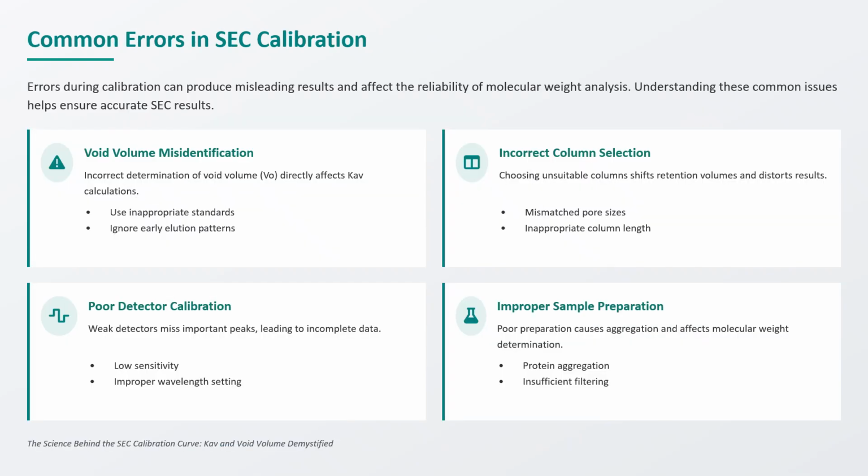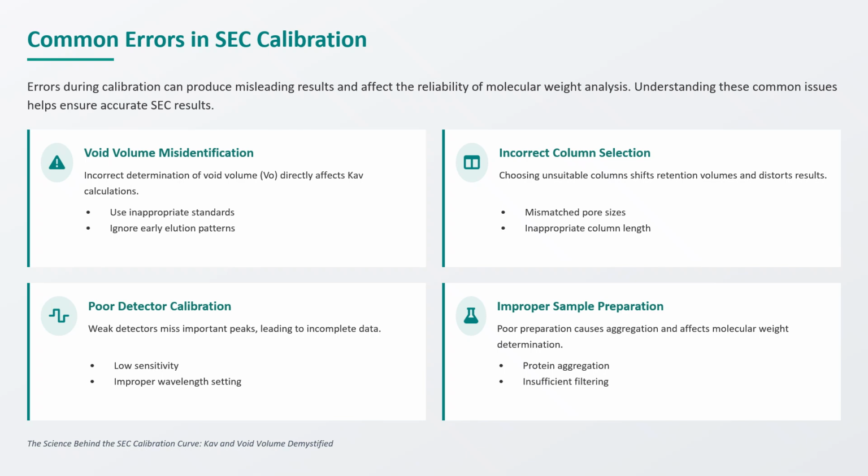From real-world lab experience, these are the most common pitfalls. First, void volume misidentification. Using inappropriate standards or ignoring early elution peaks leads to skewed CAV values. Second, incorrect column selection. If your analyte size range doesn't match the pore size distribution, the calibration curve becomes meaningless.